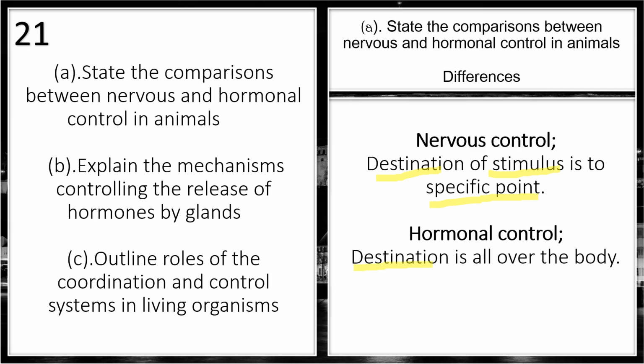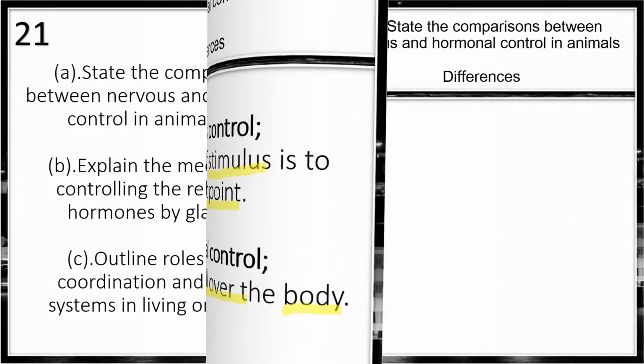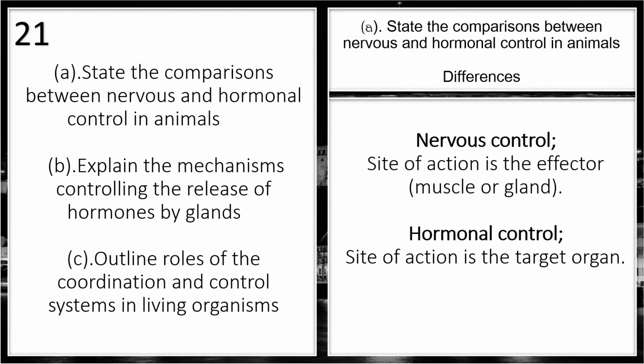Hormonal control. Destination is all over the body. Nervous control. Site of action is the effector, that is the muscle or gland. Hormonal control. Site of action is the target organ.